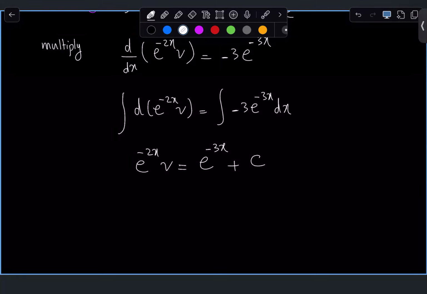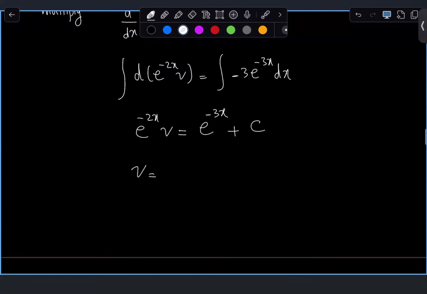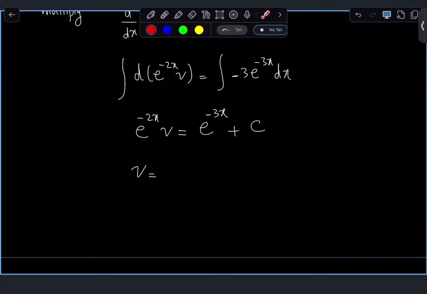Okay, so we're trying to find v in terms of x. So I can multiply or divide basically by this, e to the -2x. What do I get? I get e to the -x plus c e to the +2x.